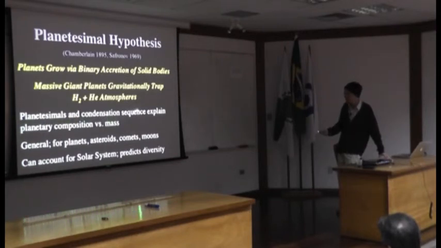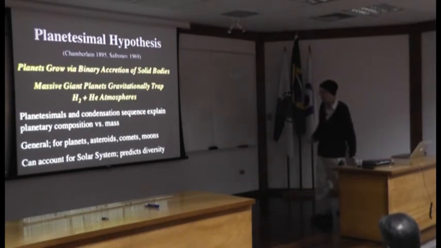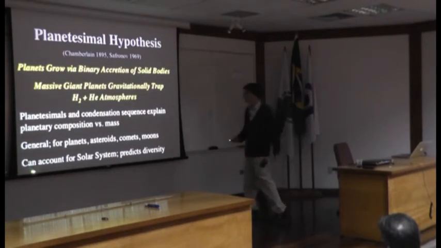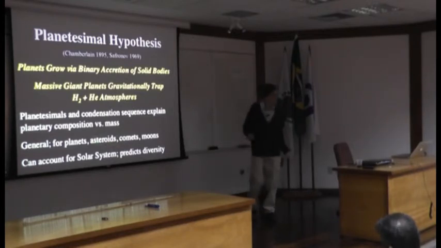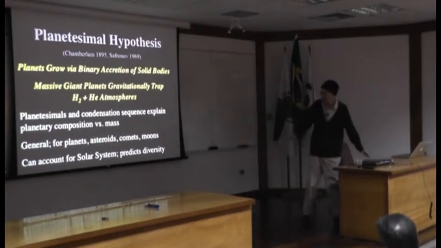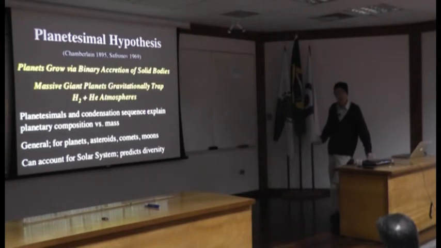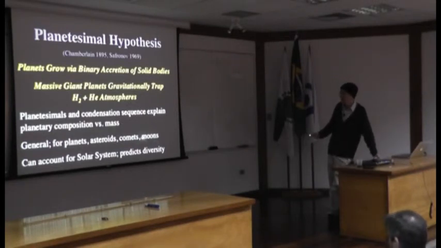Planetesimals and condensation sequence explain the gross aspects of planetary composition versus mass. It's a general model that accounts for planets, asteroids, which are smaller, just didn't make it up to planetary size. Comets didn't make it up to planetary size and were tossed out or are in cold regions of the solar system. And moons formed in the same way.